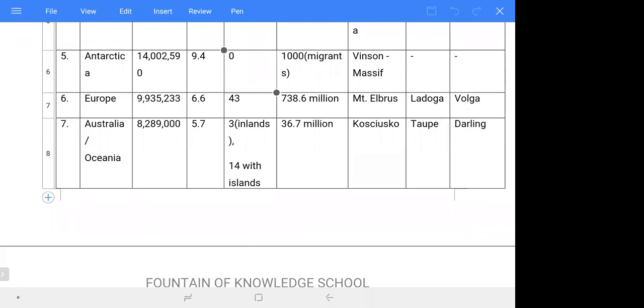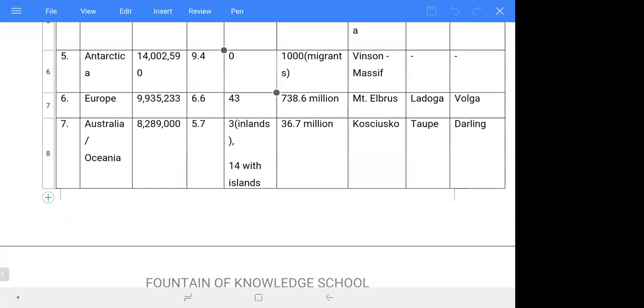When we come to the last one, Australia. The other name for Australia is Oceania. This is the smallest of all. It has a 5.7 land surface share. When you see the number of countries, that means in the inland of Australia, there are only 3 countries.